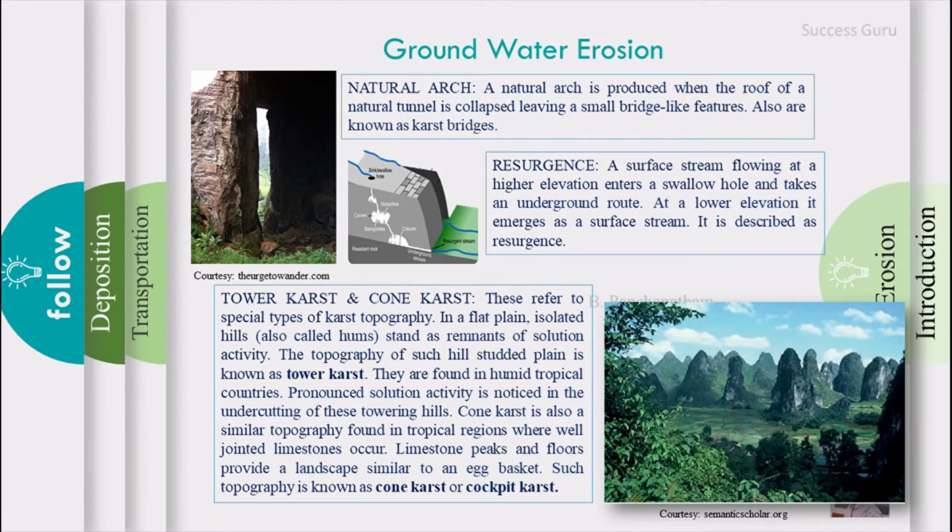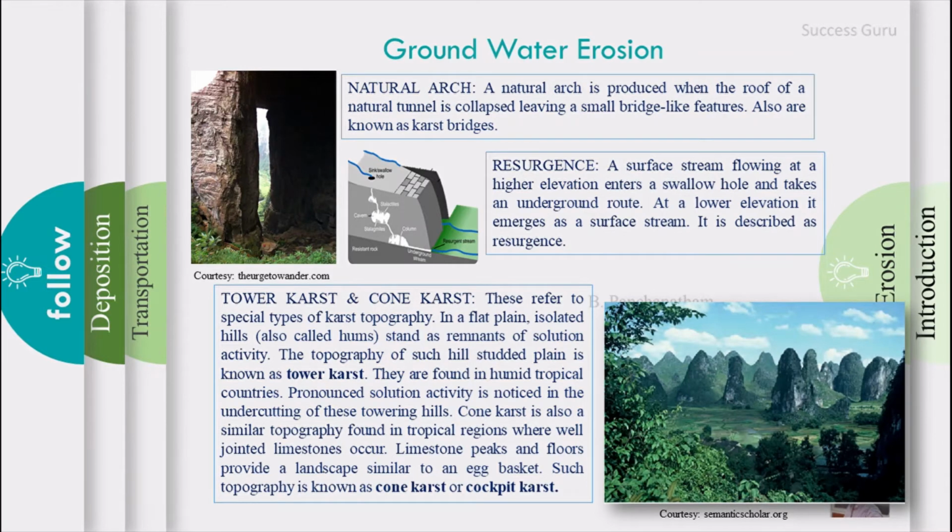The tower karst or the cone karst. These refer to a special type of karst topography in a flat plain. Isolated hills stand as remnants of solution activity. The topography of such a hill-studded plain is known as tower karst. They are found in humid tropical countries. Pronounced solution activity is noticed in the undercutting of these tower hills.